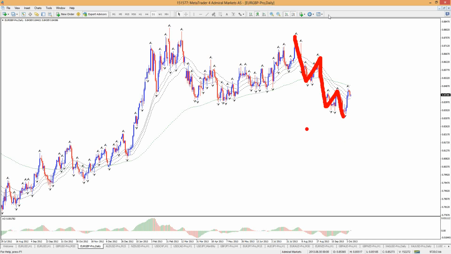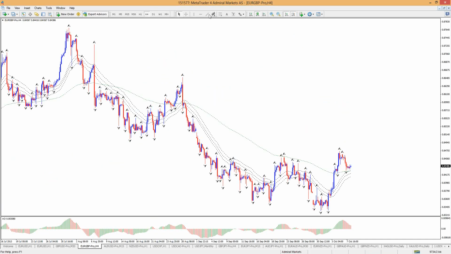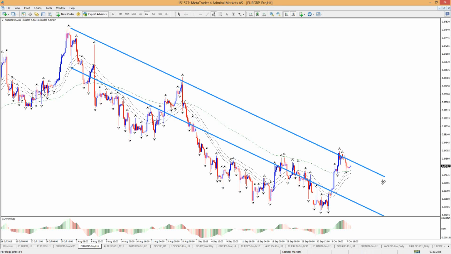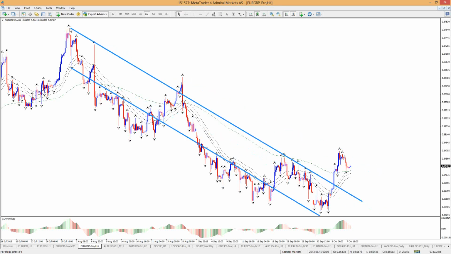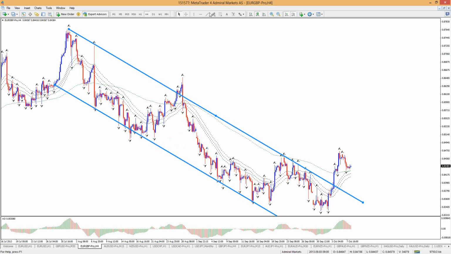So that's the daily chart. Then if we look at the 4-hour chart, we can see that wave C was in a very nice downtrend channel, which we could have broken out of. But we have to be aware of this potential resistance line as well, if we connect these stops.